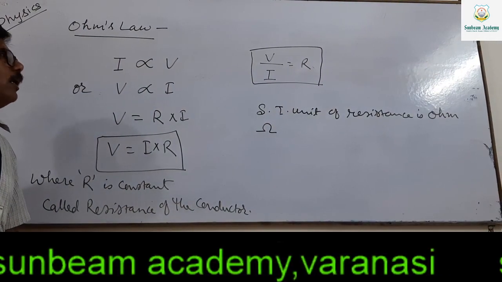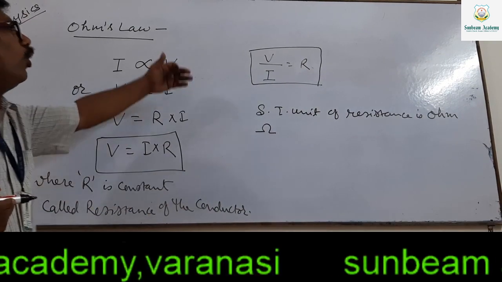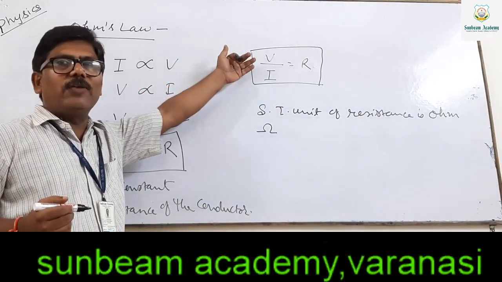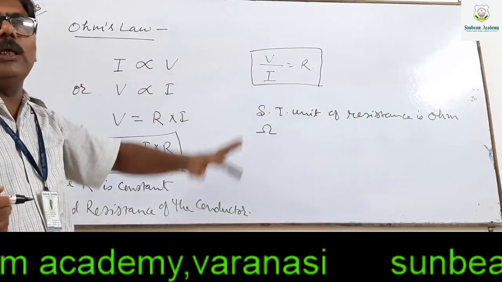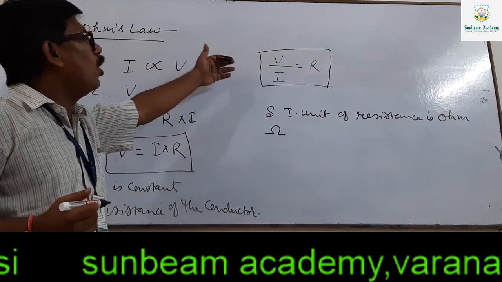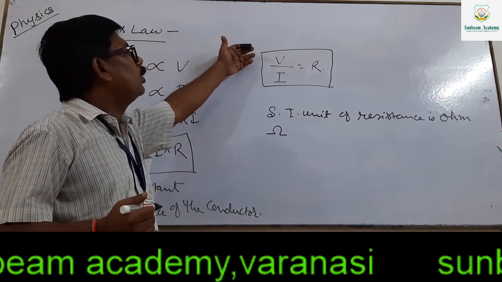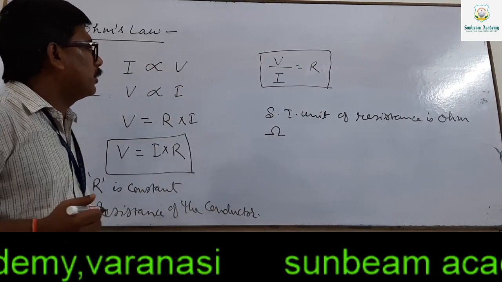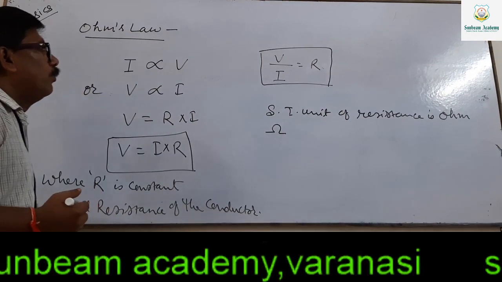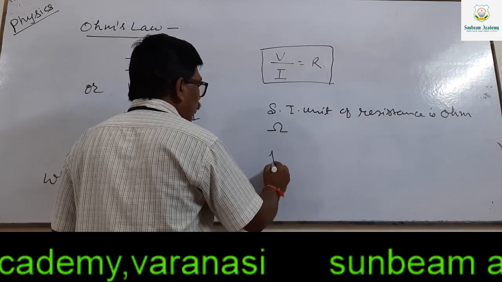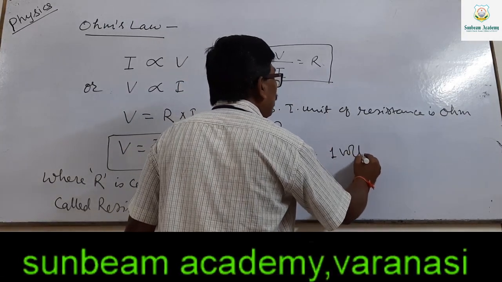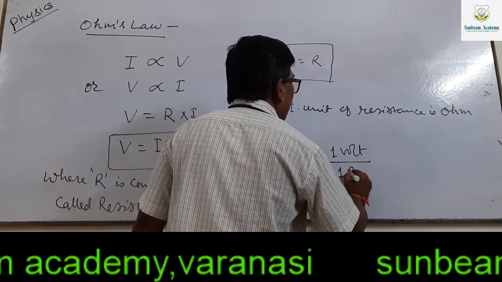Resistance of a conductor is the ratio of potential difference to the current flowing in the conductor, and SI unit of resistance is ohm. Now 1 ohm is equal to 1 volt upon 1 ampere.